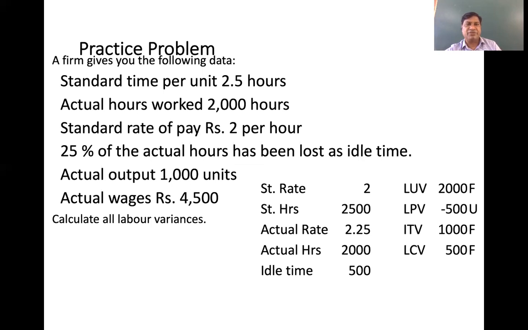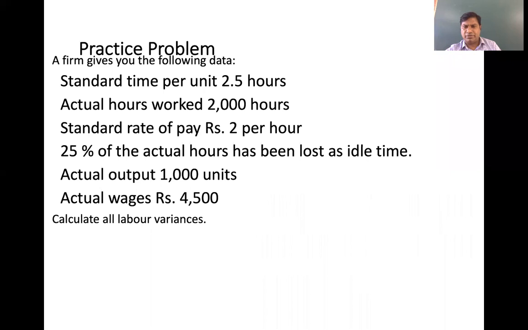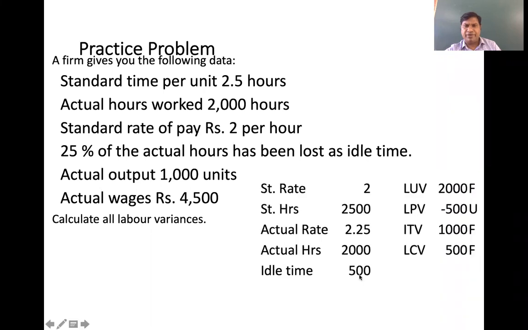The actual hours are 2,000, and 25% of 2,000 is 500. 500 into standard rate 2 is 1,000.